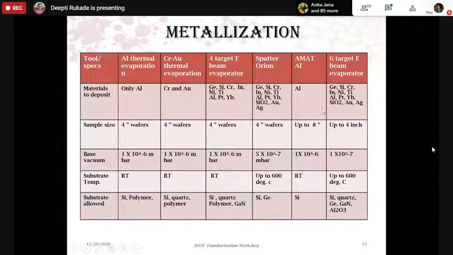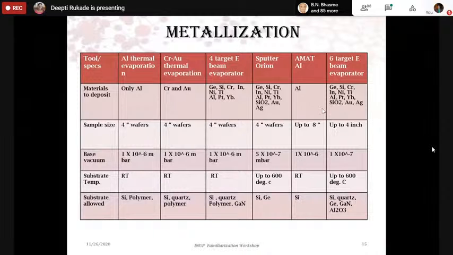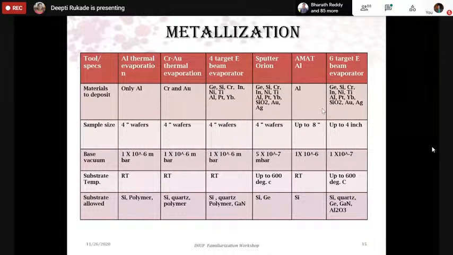So AMAT, actually Applied Materials Lab, had sponsored the IIT Bombay Nanofabrication facility, and they had taken a part of the lab, one area where they had dedicatedly set up their lab for 8-inch manufacturing process, CMOS structures.